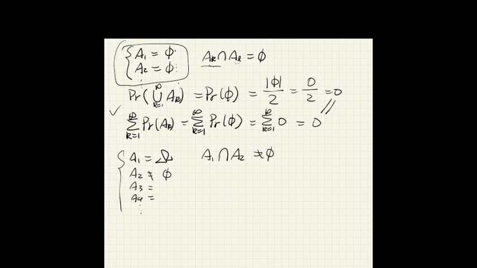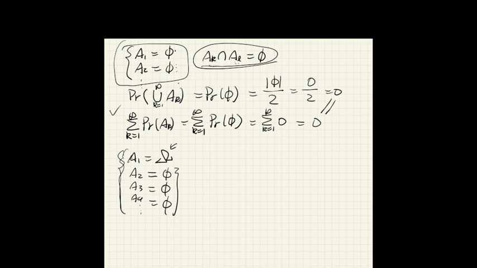Our assumption is they must be disjoint. So the only way we can make these subsets disjoint is to choose every other set to be empty. So if one of these A1, A2, A3, and so on is omega itself, then everything else must be empty, to satisfy the assumption.